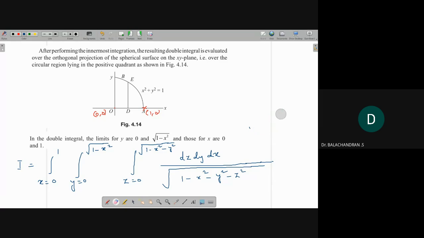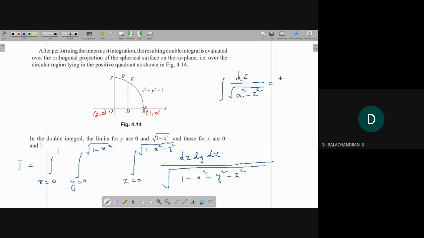What is the integration of dx by root of a square minus x square? Integration of dz by root of a square minus z square is equal to what? One by a into sin inverse of z by a, sir.